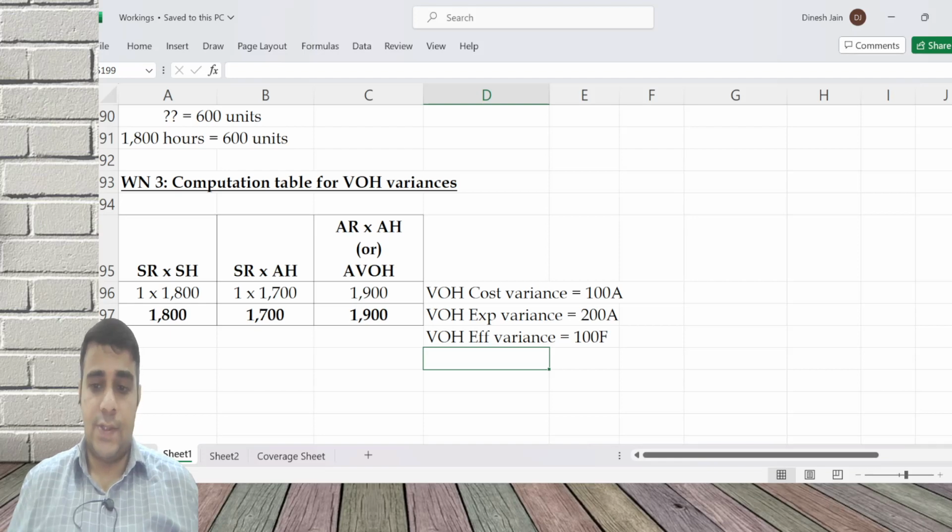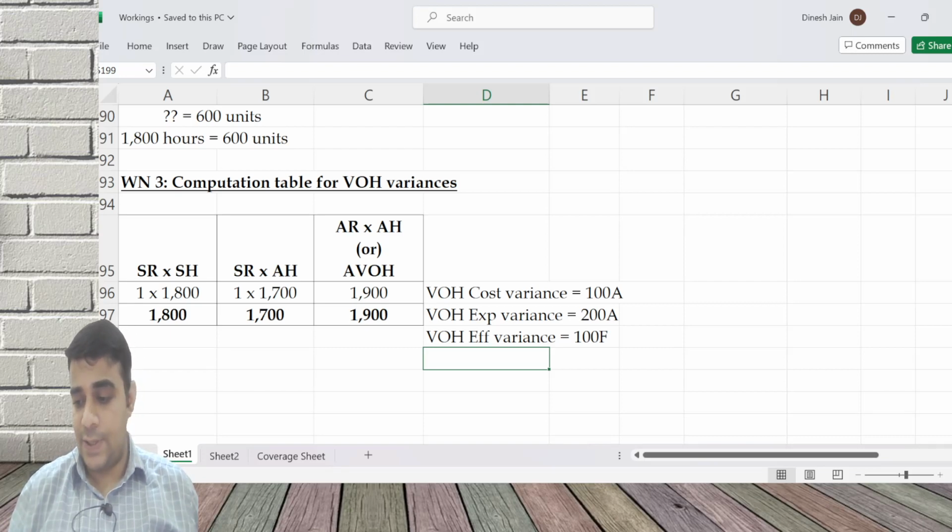VOH variances table. Then get the FOH variances table. I'll focus on the reconciliation part.